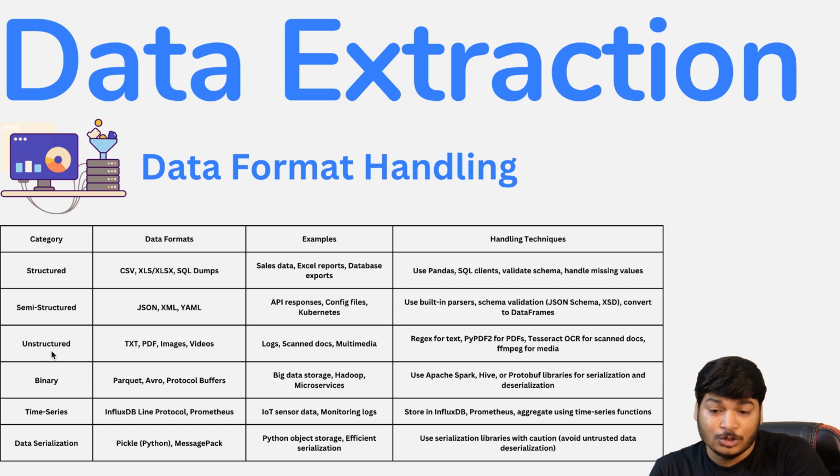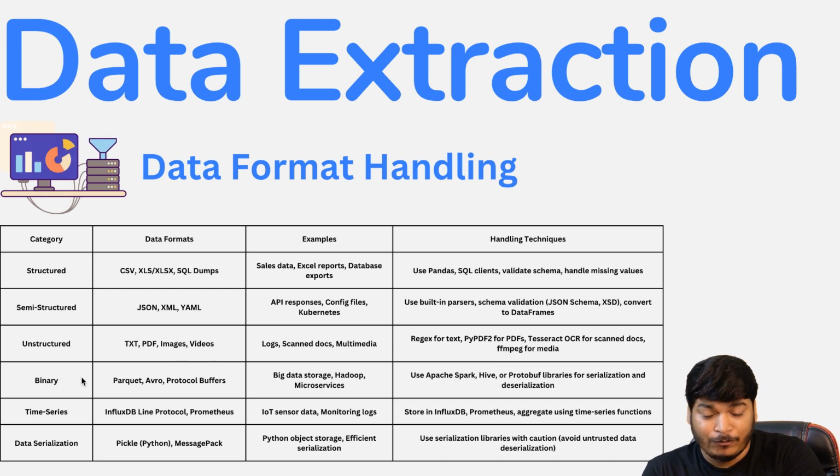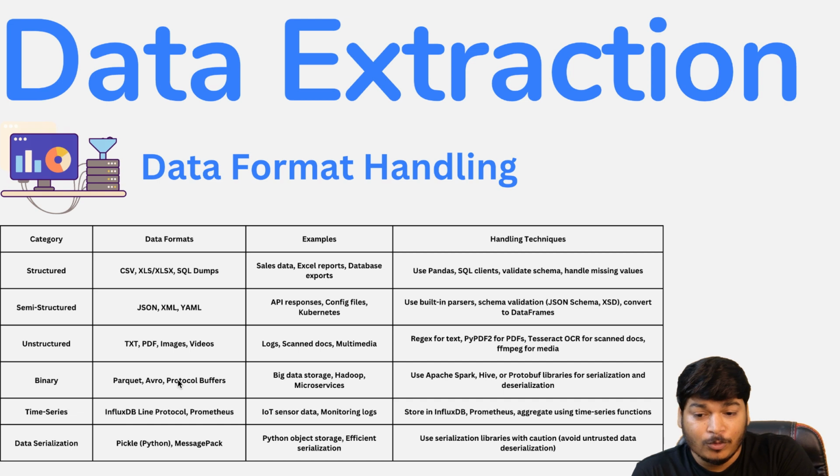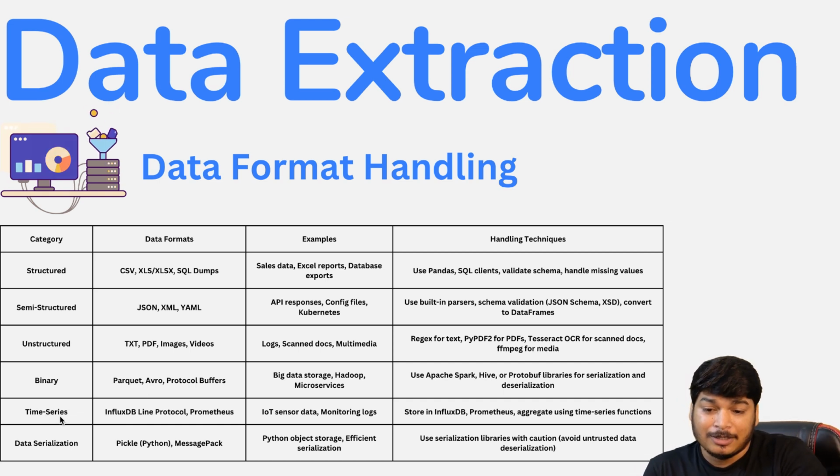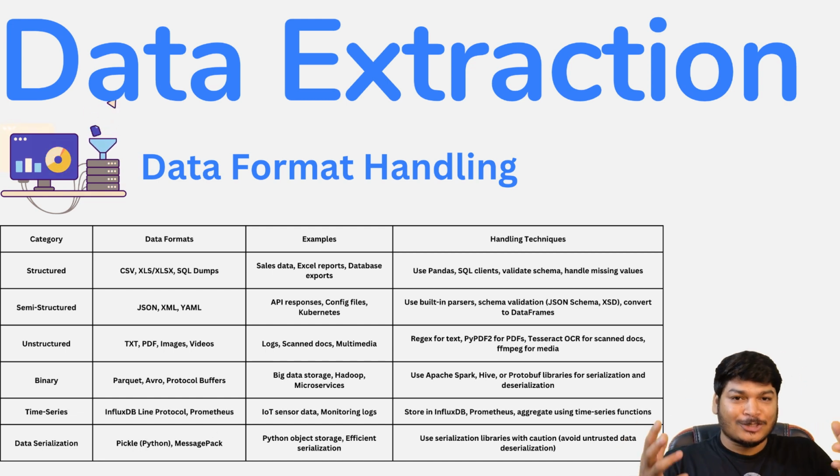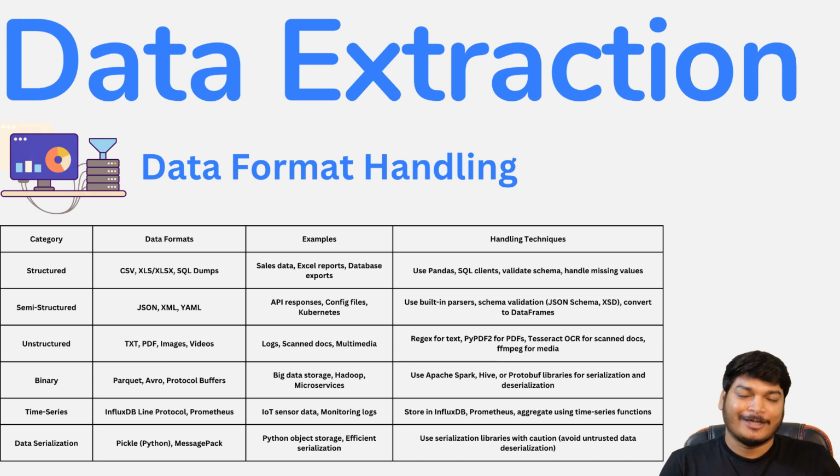We have unstructured data format like TXT, PDF, images, videos. We have binary format like Parquet, Avro, or protocol buffers. We have time series like InfluxDB line protocol, or Prometheus. We have data serialization like Pickle and MessagePack. As a part of the data extraction process, we have to handle all that.